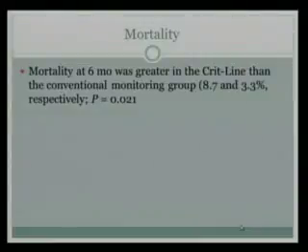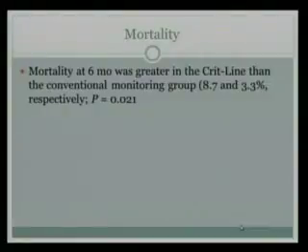This baffled a lot of people because they were confused as to why this may be the case. When you dig deep into the paper, there are a couple of possible explanations. One, for some reason, the control group in this study had mortality much better than published historical data. It may be related to something called the Hawthorne effect, where when somebody is being observed and monitored, behavior from the physicians or the patients may be different.